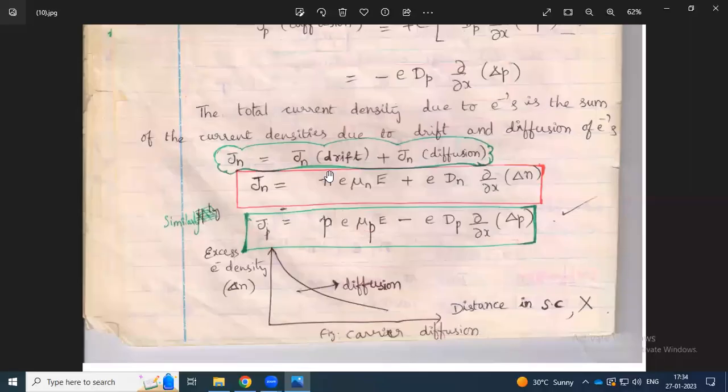Total current density in a semiconductor is because of drift and diffusion phenomena. So both together, if you club, you get total current density for holes and electrons. You can see how the graph is moving: if you take carrier diffusion on the x-axis and excess electron density on the y-axis, you can see how the graph goes.